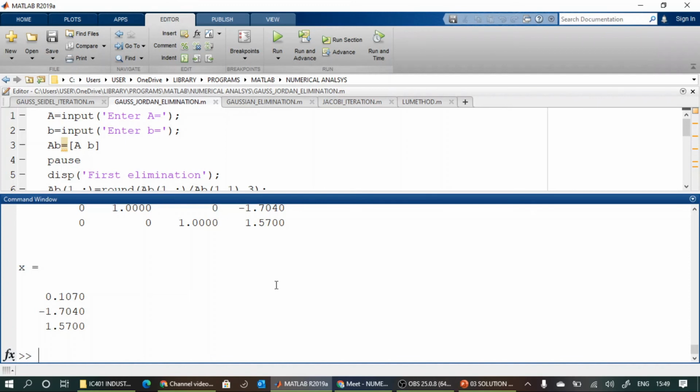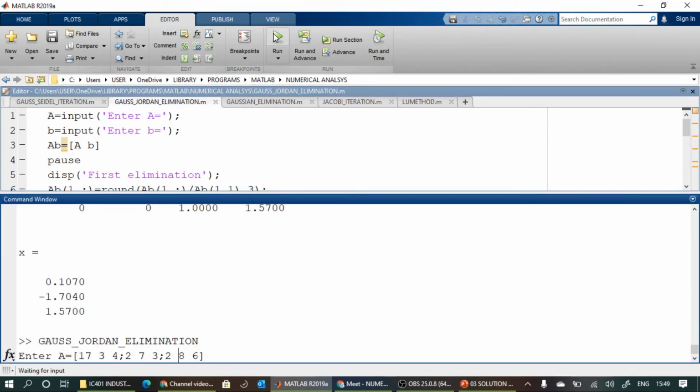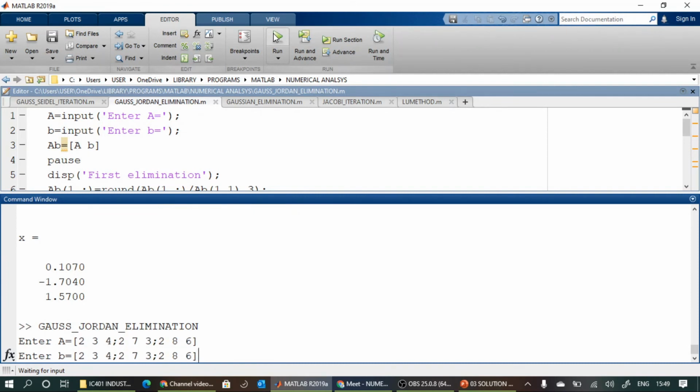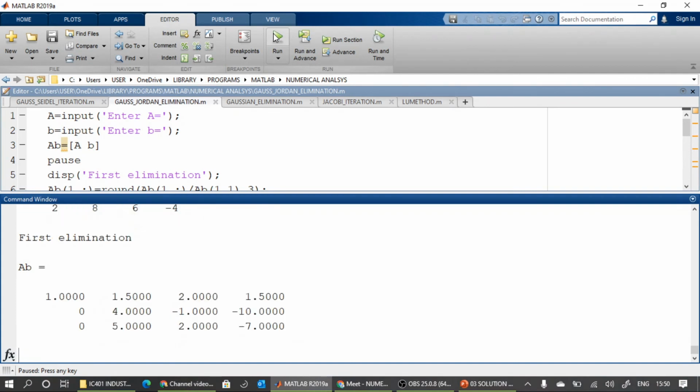Now if you select a different value for capital R, say if I use 2, with the same B, this one is the augmented matrix. This is after the first elimination. This is after the second elimination.